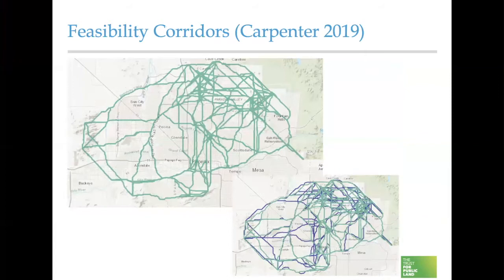The second one that I want to talk about are these feasibility corridors. This comes from Caleb Carpenter's master's thesis in 2019, and it focuses inward on the urban matrix of the Phoenix metro area and identifies corridors that would be feasible to create throughout the city based on some different criteria, connecting the larger open spaces that we already have here in the city.